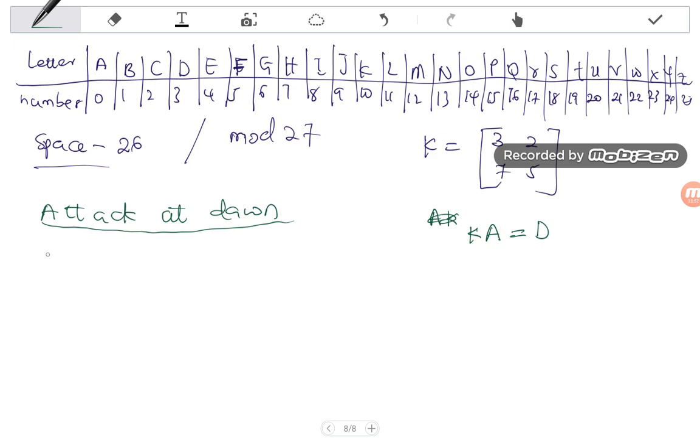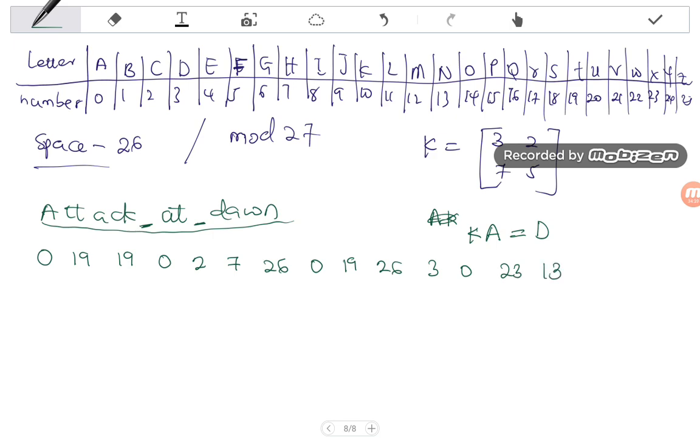The entries are 0, 19, 19, 0, then we have 2, 7, 26, 0, 26, because I have a space over here and another space over here, which correspond to another 26. Then I have 19, 26, 3, 0, 23, and then 13.